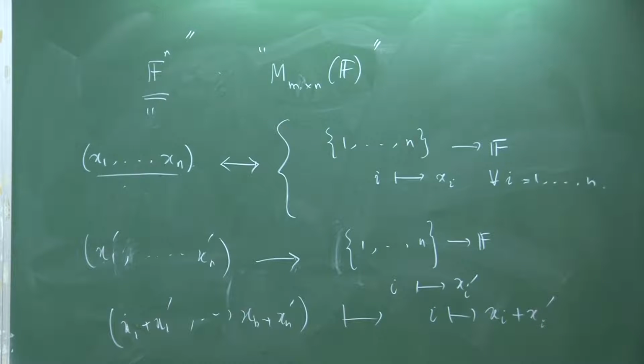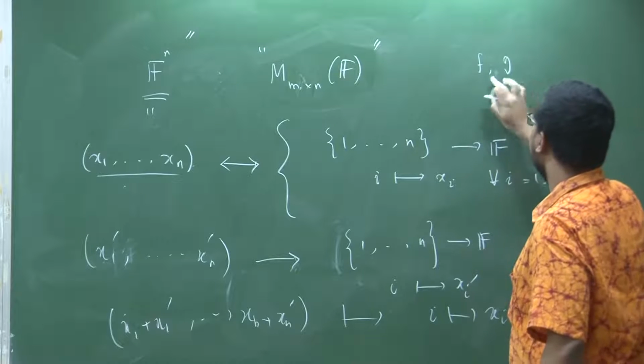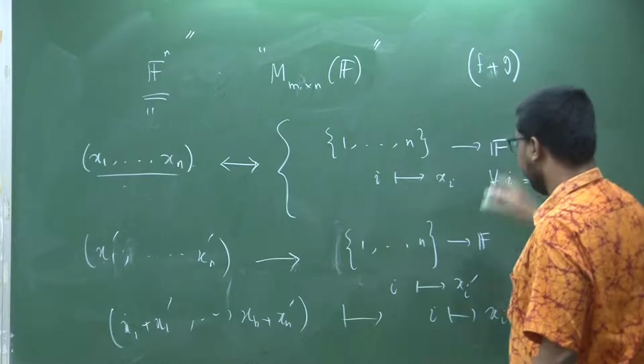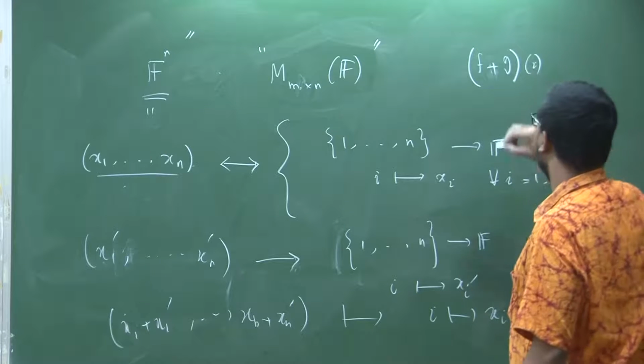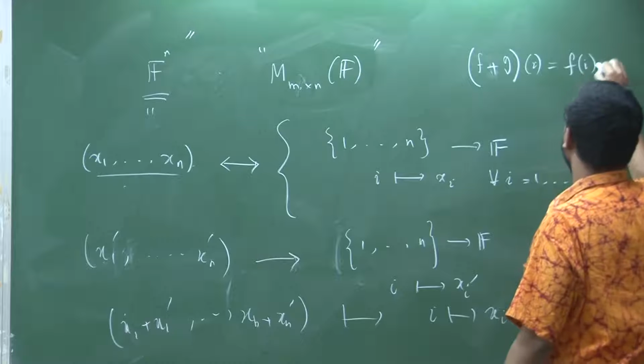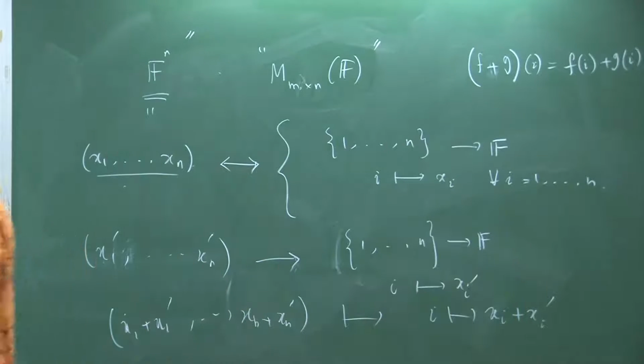So, what you are actually doing is, you have two maps f and g. This map is obtained as follows: for any given point i, the value of this map is obtained by adding the values of the maps at the given point i.